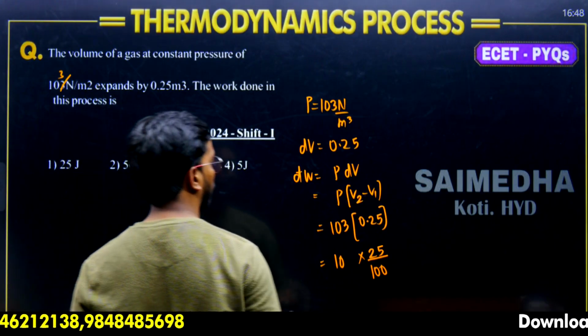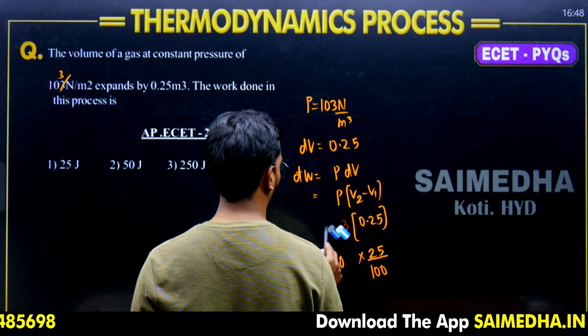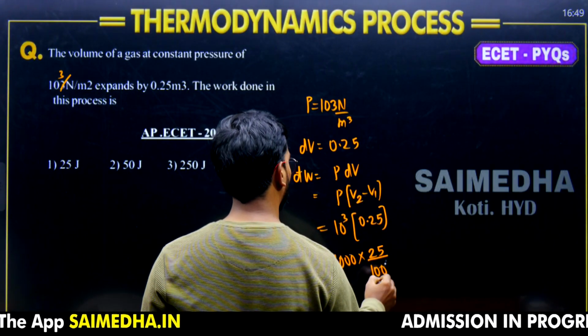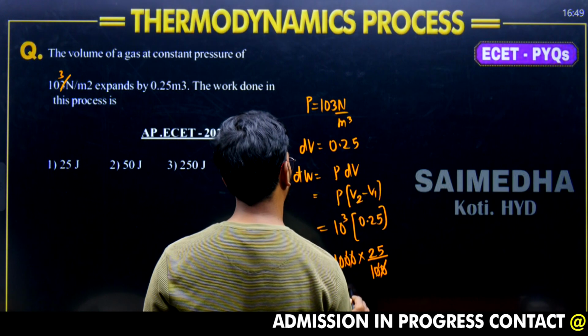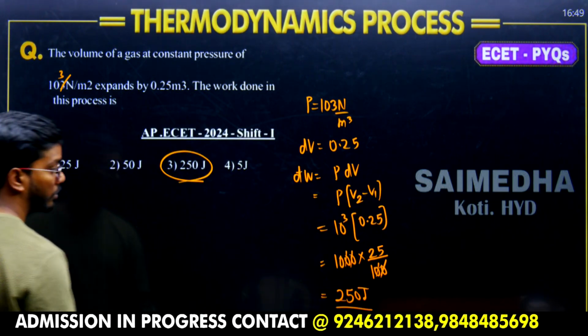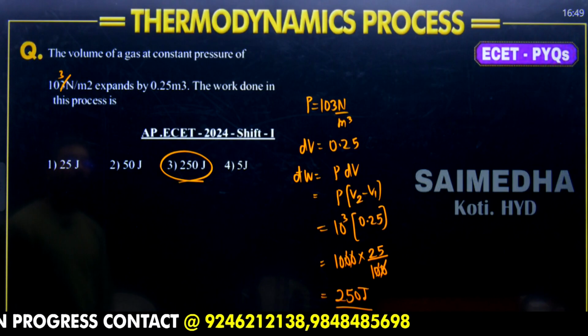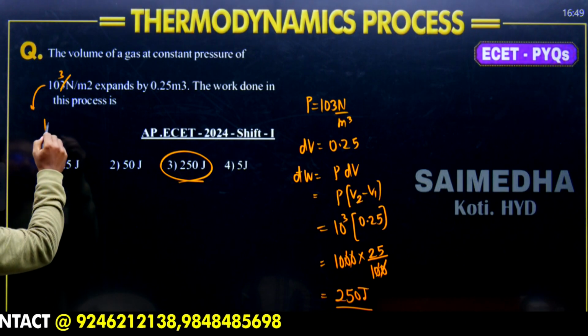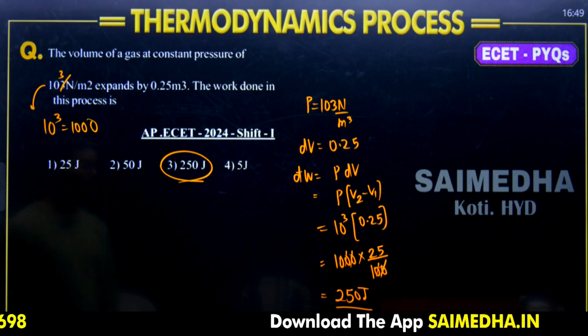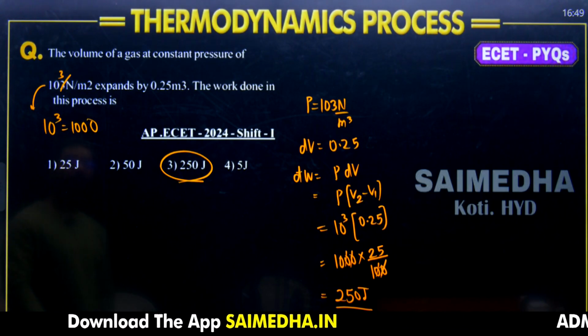If this is 10 cube, that means it is 1000. So the zeros get cancelled, and this is 250 joules. 250 joules is the correct answer. Go through it. It's 10 cube, 1000. Okay. Moving on to the next question.